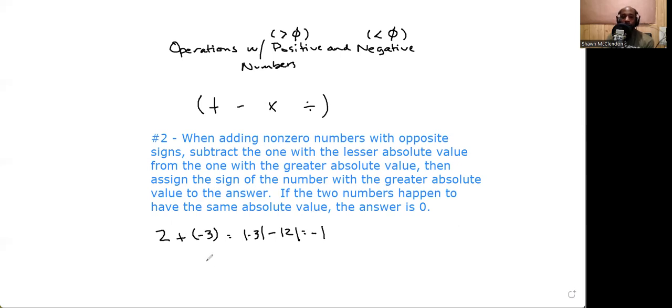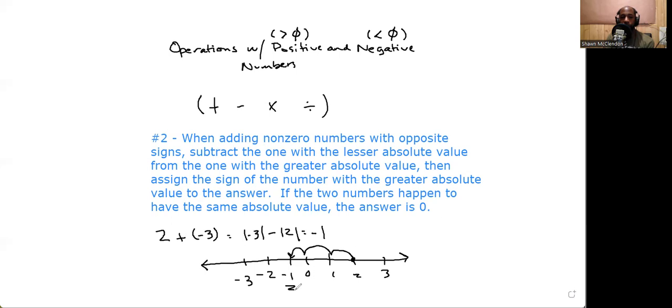And so again, let's look at that on the number line to kind of see. Let's say that you have 2, and then you add -3. So that's 1, 2, 3 in a negative direction.